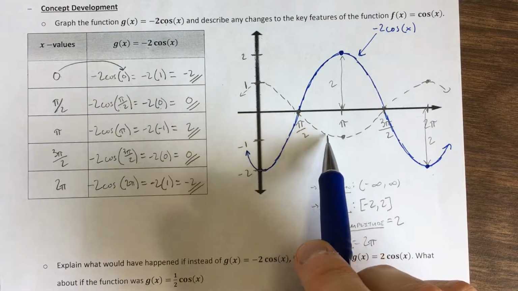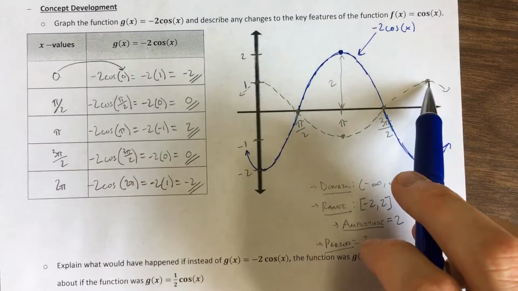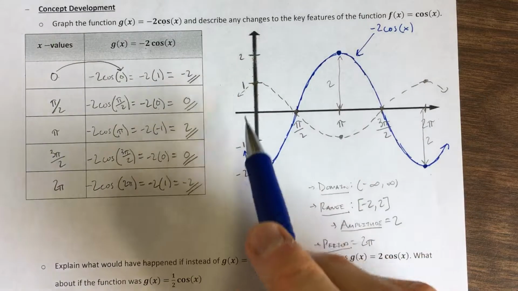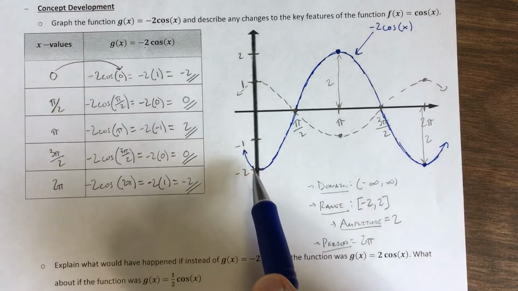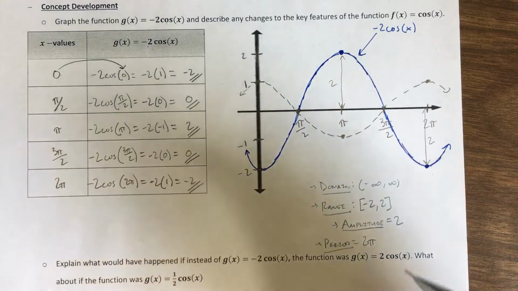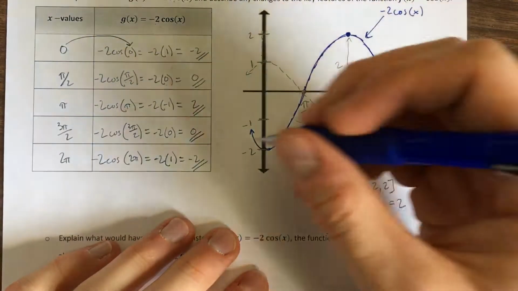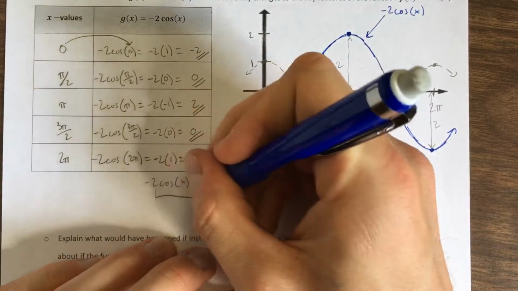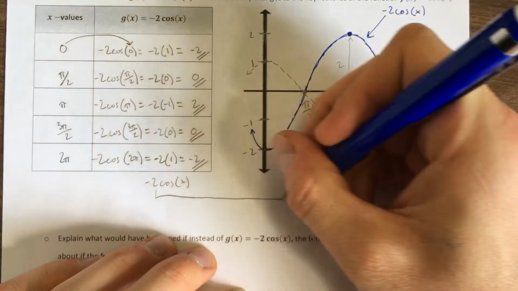It goes down, it's negative, goes up, it's positive. But by multiplying by this -2, instead of starting positive, it now starts negative, works its way positive, then goes negative. And so with -2 cosine of x, this 2 is changing our amplitude.